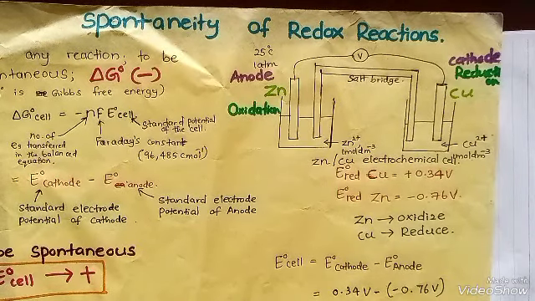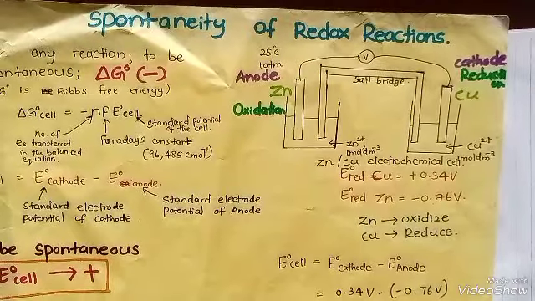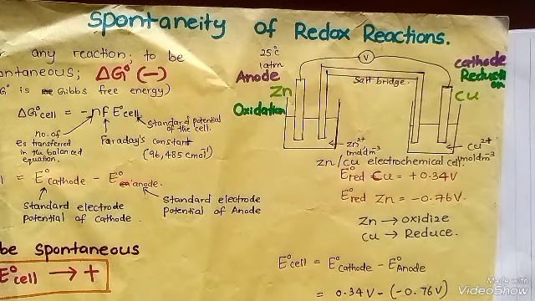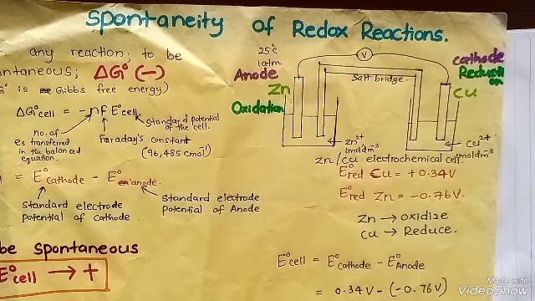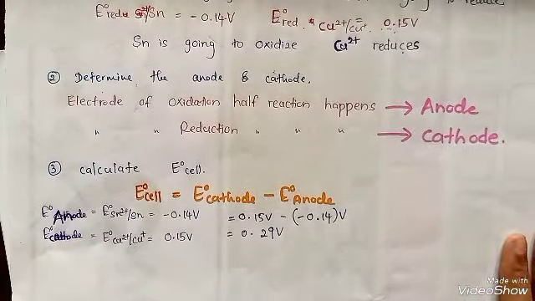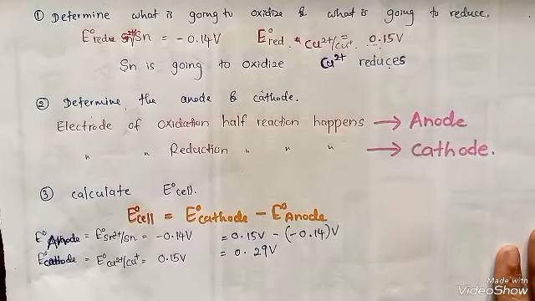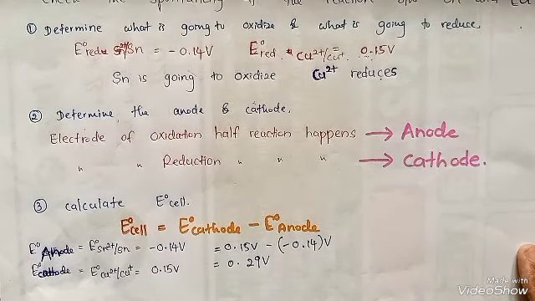So E naught cell is therefore 1.1 volt. E naught cell is a positive value, therefore this reaction is a spontaneous reaction. Here also E naught cell has a positive value, therefore this reaction is also a spontaneous reaction.